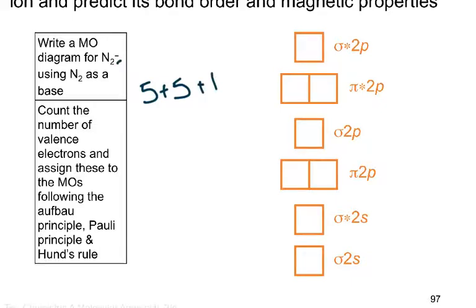So we have 11 electrons to account for. Then we can fill in our molecular orbitals the same way we would atomic orbitals, following Aufbau, Pauli, and Hund's rule. So 1, 2, 3, 4, 5, 6, 7, 8, 9, 10, 11 electrons.